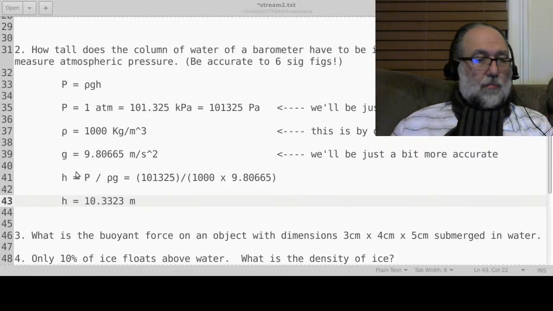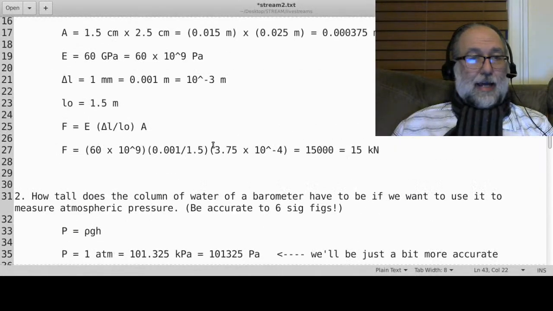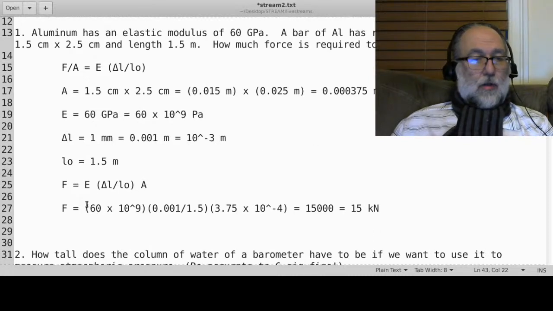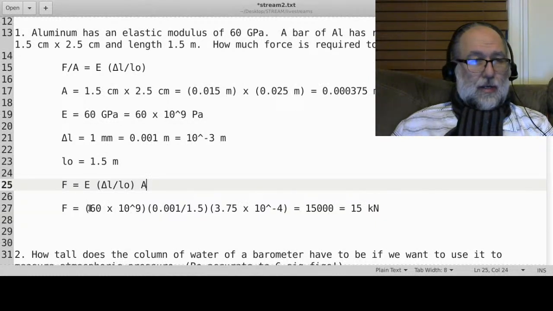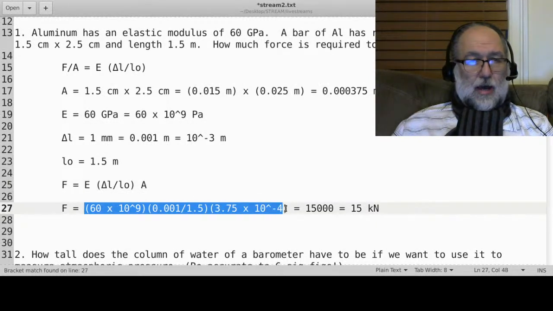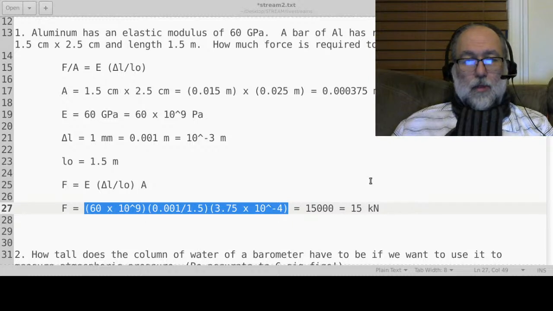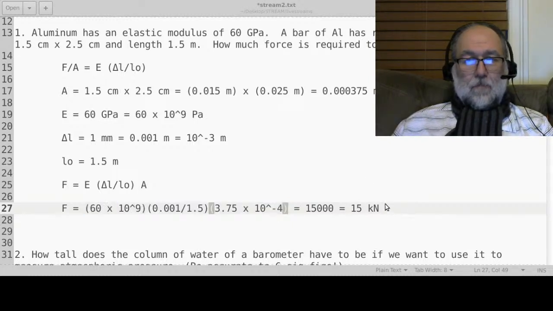Okay, so back to question number 1. I'm going to back up just a little bit because I might have made a computational error. Let me cut and paste this into my calculator. I wonder if the error is because I switched 70 and 60.